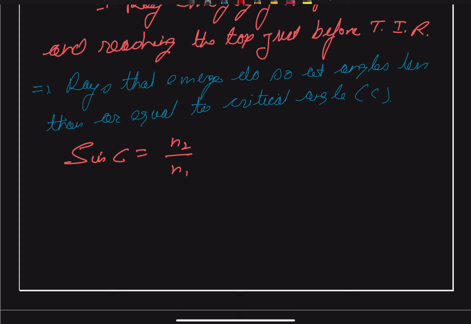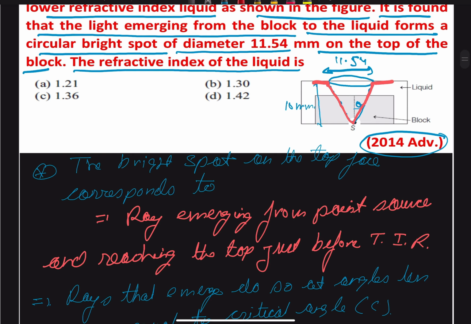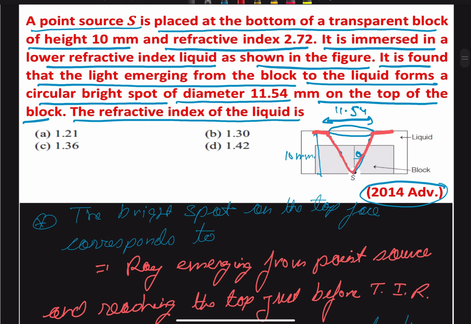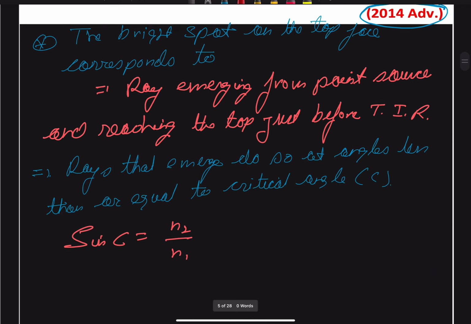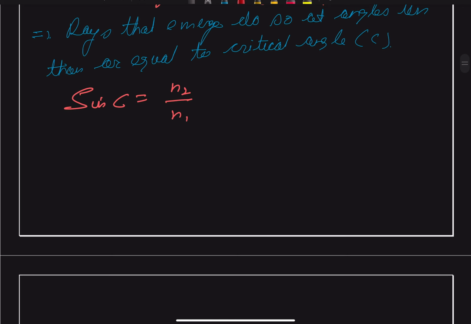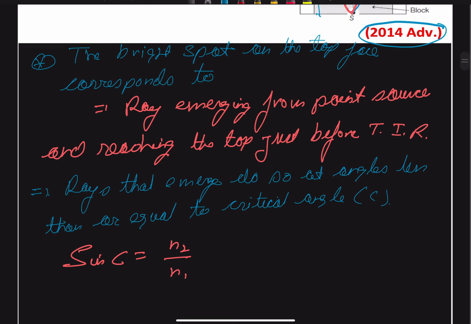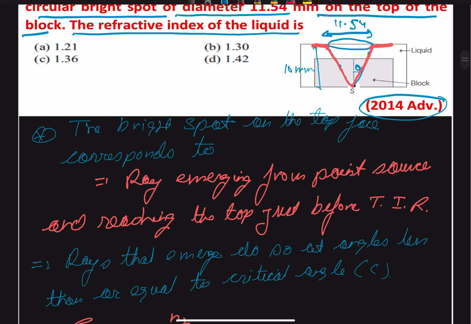And for maximum angle of incidence, that will be corresponding to the ray that travels from the point source to the edge of the bright circle. So we can say this will be our maximum angle of incidence to the normal, this angle.